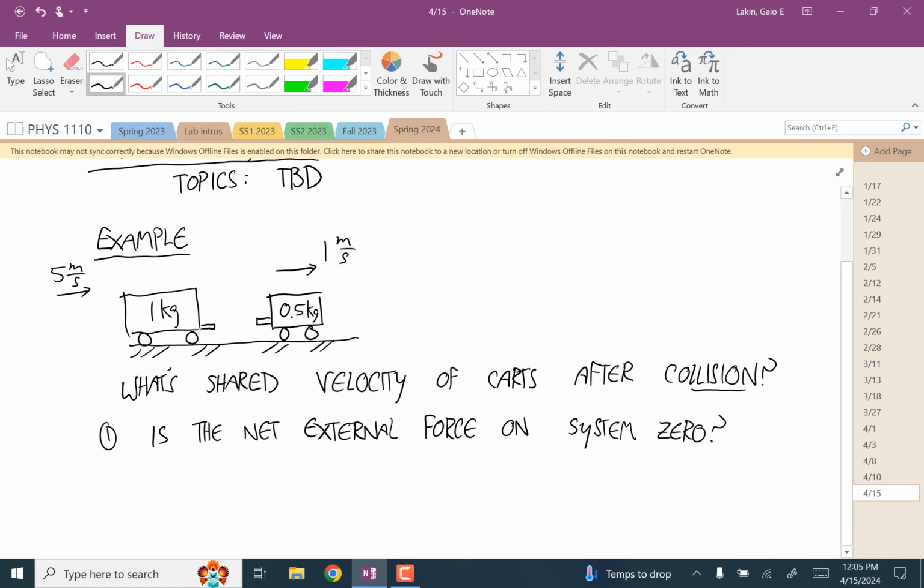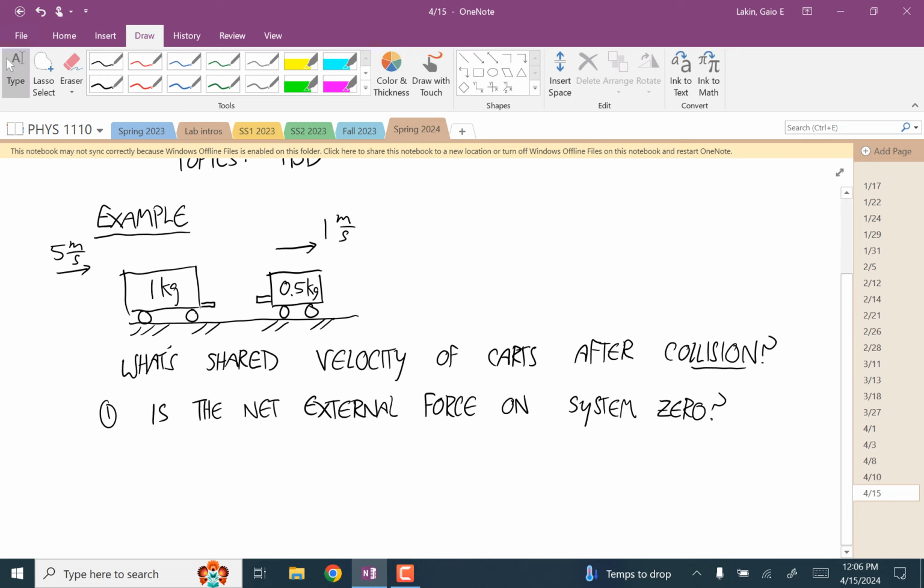Okay. Remember, that doesn't mean that there are no forces acting on it. That wouldn't be the case here. Weight is applying a force to both of these things, and the ground is applying a force to both of these things. But if these are rolling at a constant speed and they're not turning, then there's no acceleration and the net force is equal to 0.